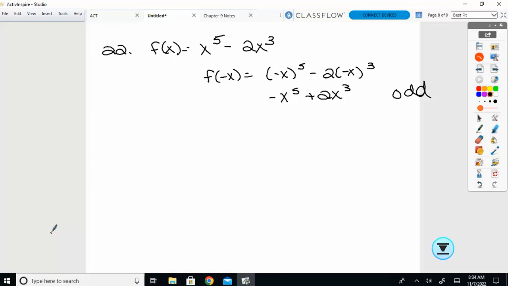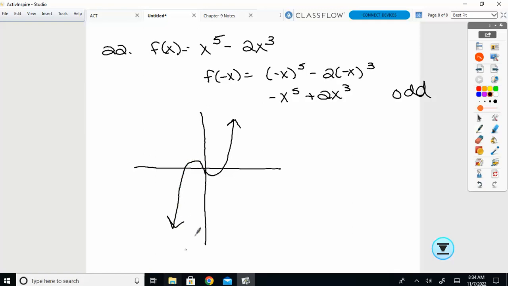Graph it. If you graph this, x to the 5th minus 2x cubed. So even is the same thing as symmetric to the y-axis. Odd is the same thing as symmetric to the origin. If you graph it, it looks like this.